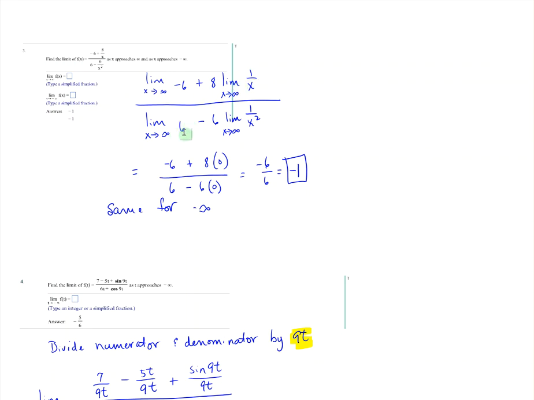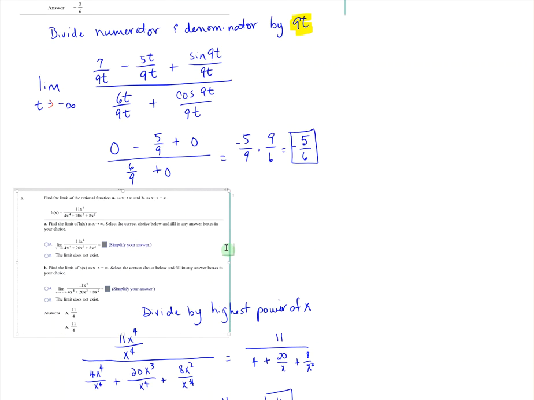The limit as you approach infinity of 6 or -6, you just get those numbers. This piece goes to 0, so we have 8 times 0. This piece goes to 0, so you've got plus 0 and minus 0. That ends up being -6 over 6, which is -1. And it would be the same for negative infinity.